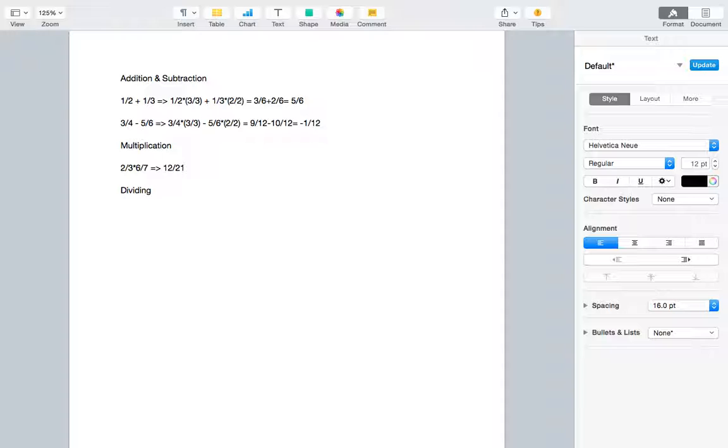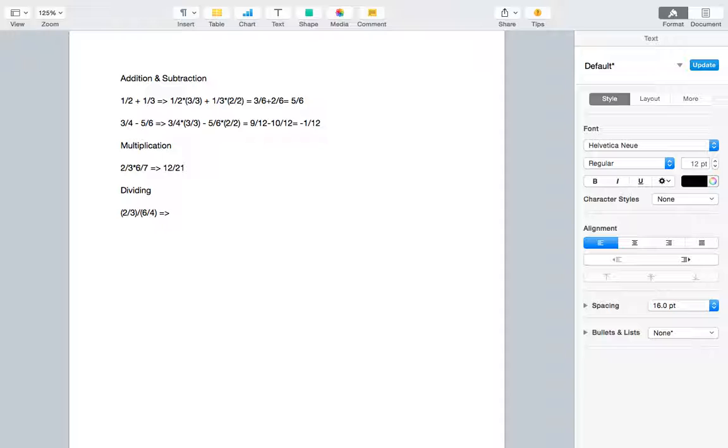Alright. 2 over 3. And so there's no confusion, I'm going to use parentheses. Divided by 6 over 4. So when dividing, you take the denominator and then you reciprocate, which means you flip it, and then you multiply.